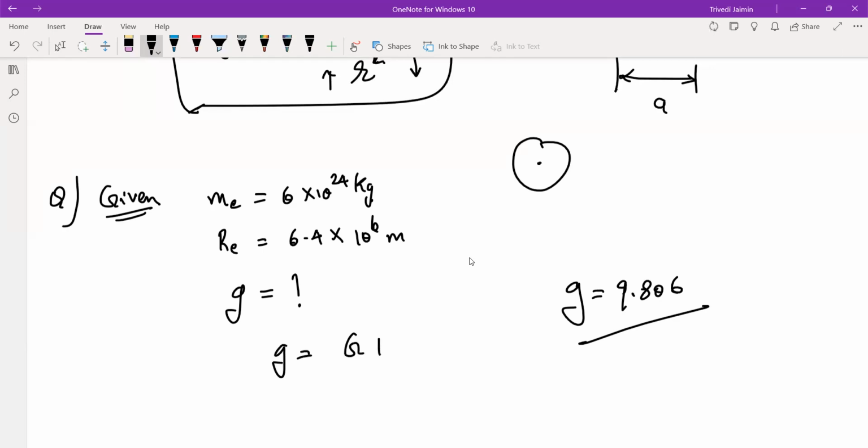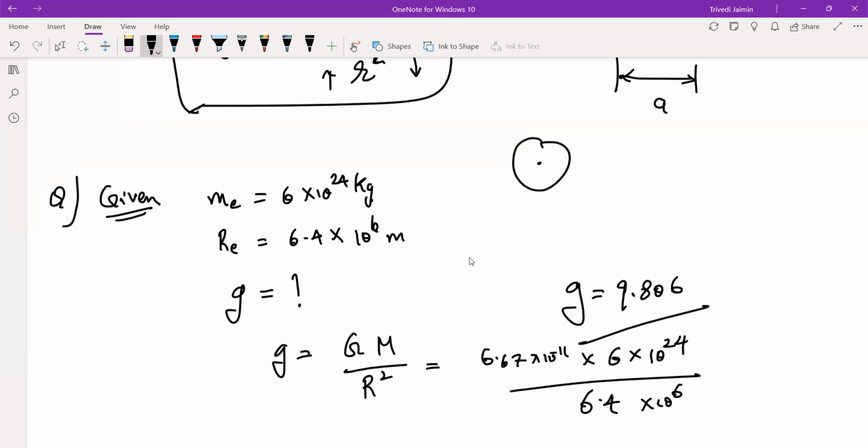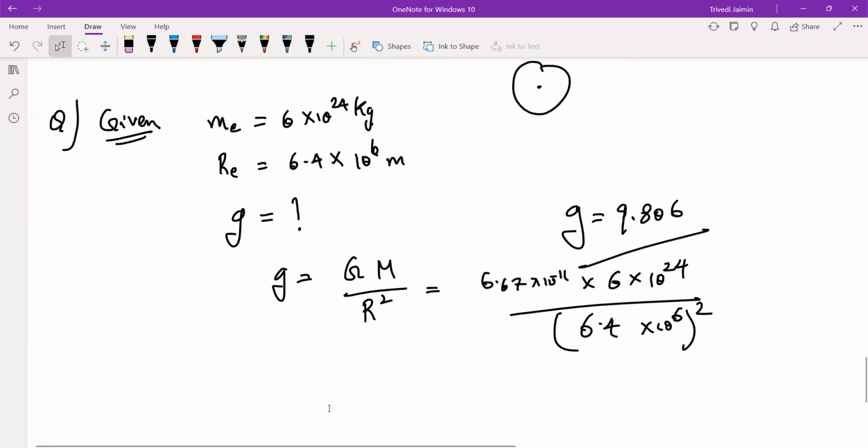So g equals GM by r square. 6.67 into 10 to power minus 11 into 6 into 10 to power 24, divided by 6.4 into 10 to power 6, whole square.